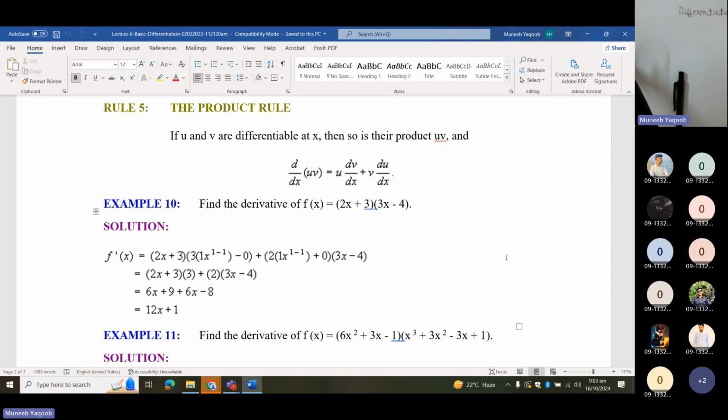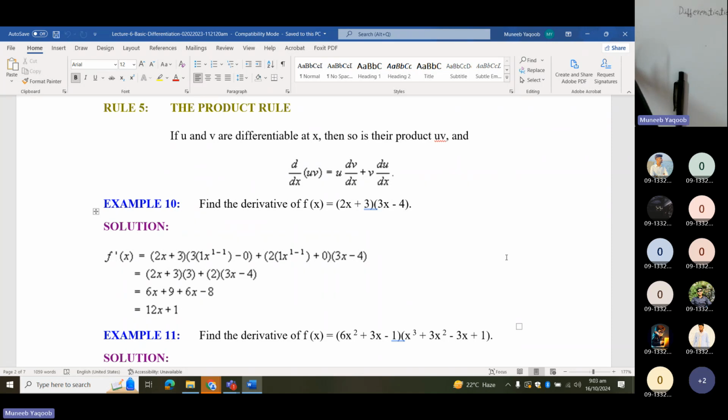Then we will calculate the derivative of u. It will be 2 times x power 1 minus 1, and the derivative of 3 will be 0. And then we will multiply this du by dx with v, which is 3x minus 4. Now it will be like 2x plus 3 multiplied by 3 plus 3x minus 4 multiplied by 2.